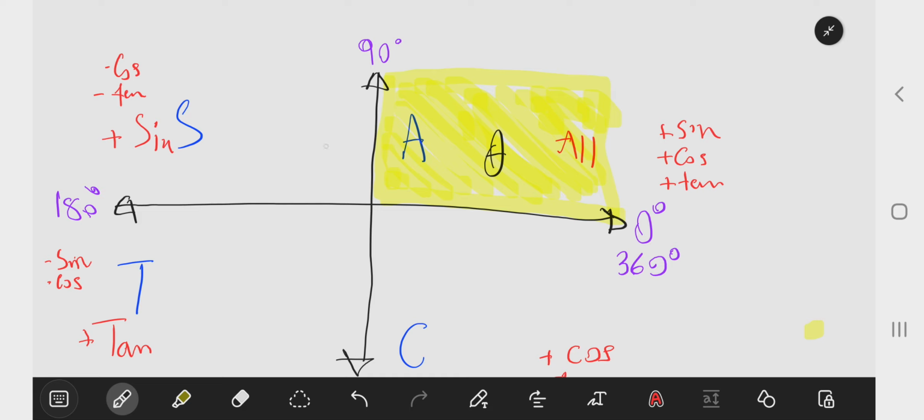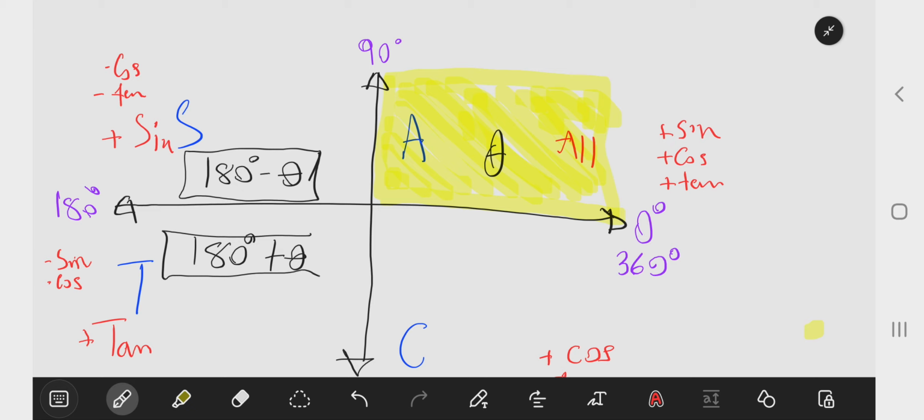So now in the second quadrant, the formula that we use is 180 minus theta. So it's 180 degrees minus theta, right? And then the third quadrant is 180 plus theta. This is the formula that we use to reduce angles to the first quadrant in the third quadrant.